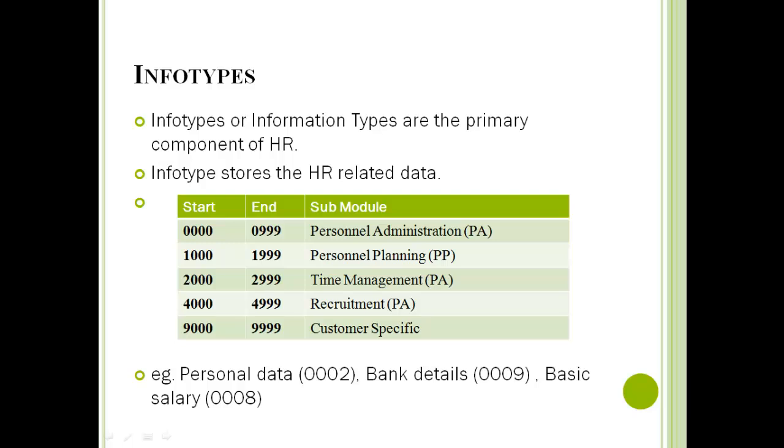The PP info types are referred to as info types for organizational management, OM, or personnel development, PD. The distinction between PA and PP info types is important for security, and the two basic types of info types are secured by different authorization objects. We will see in detail how this is handled differently.